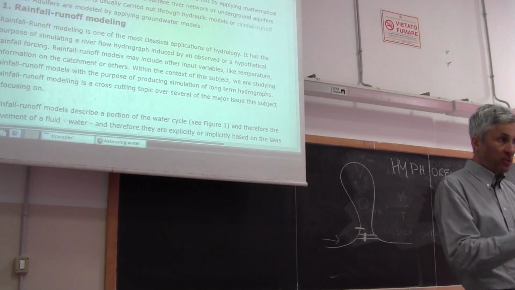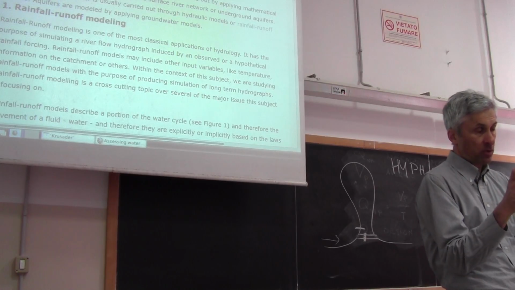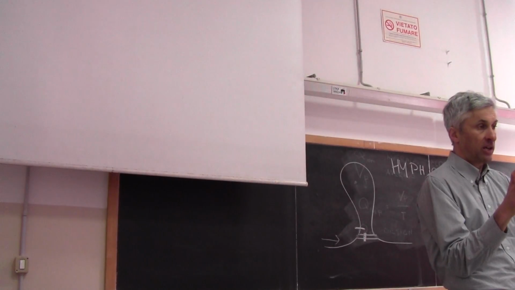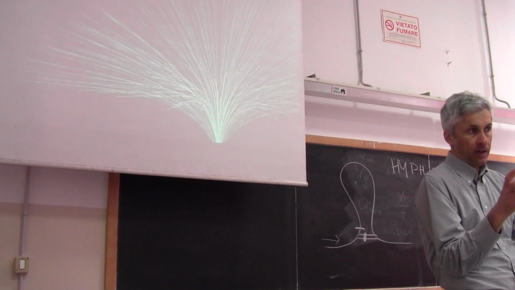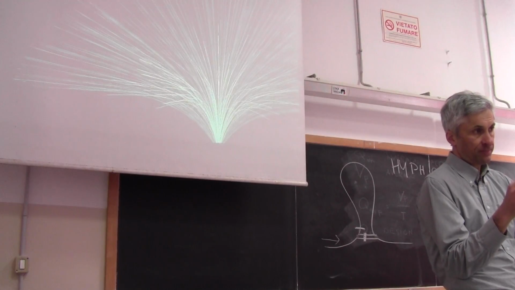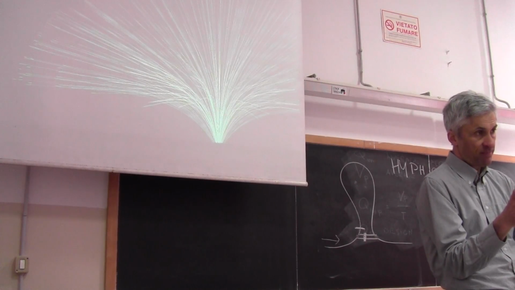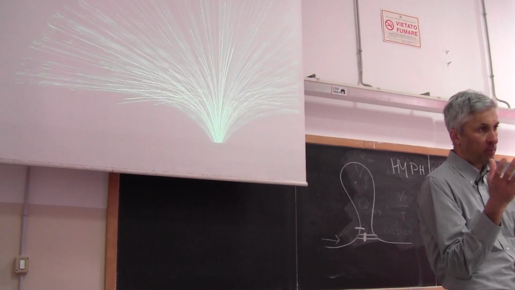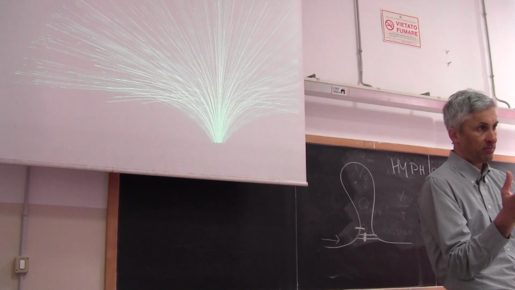If I have to define this volume where I want to apply physical laws, I need to survey it, of course. I need to define the geometry of the volume.